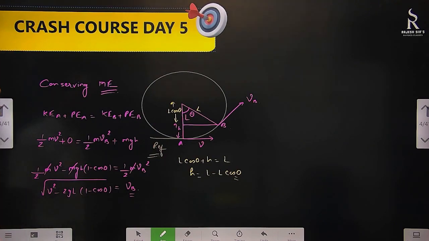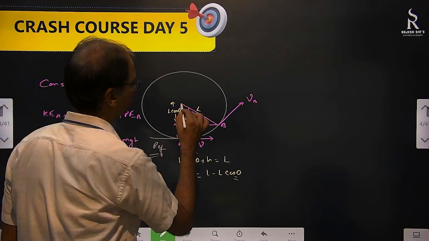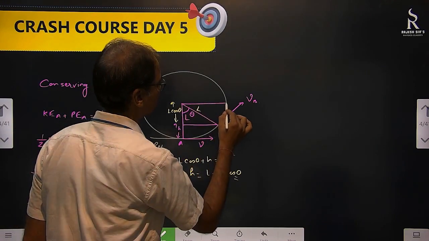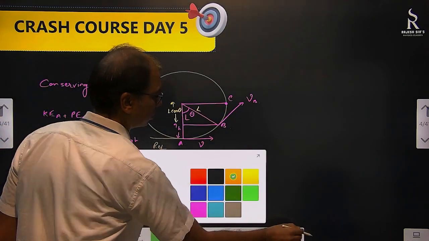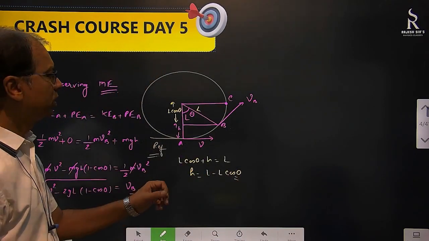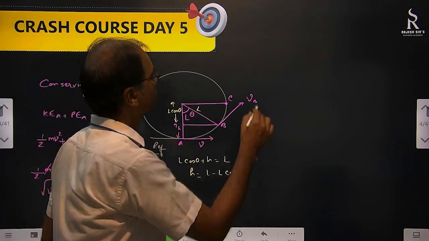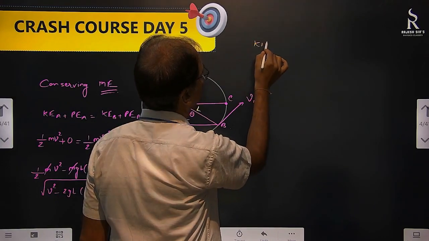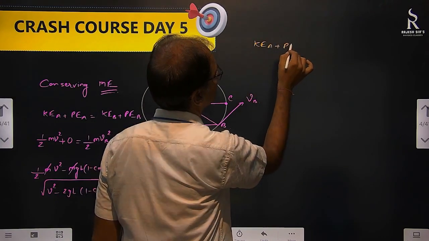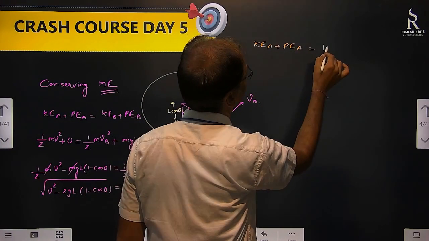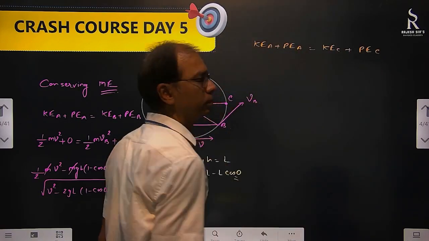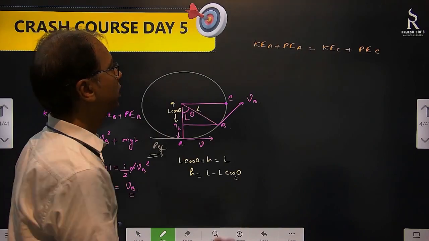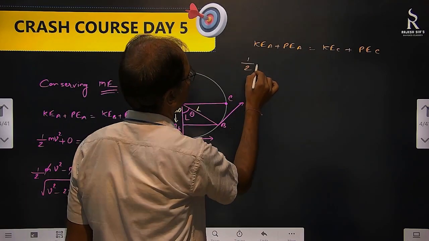Okay, then find at this point also. This is C point. So we will find here. Again conservation of energy. What will you write? Kinetic energy at A plus potential energy at A equal to kinetic energy at C plus potential energy at C. Kinetic energy at A we know, half mv square.